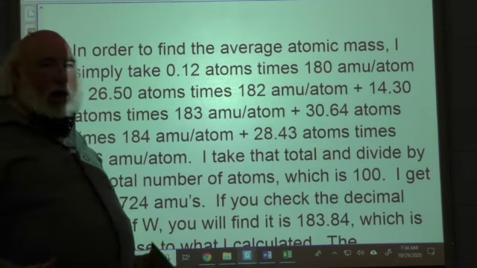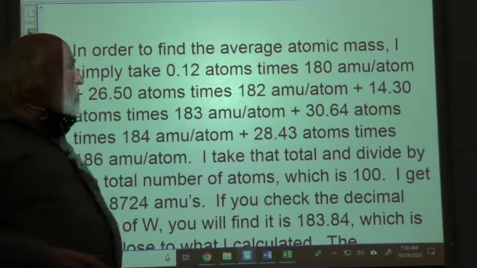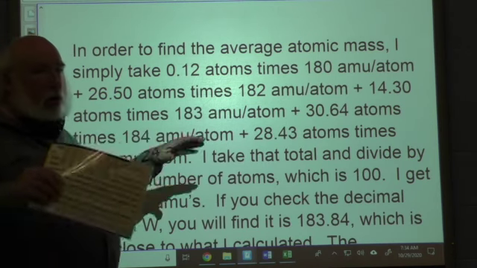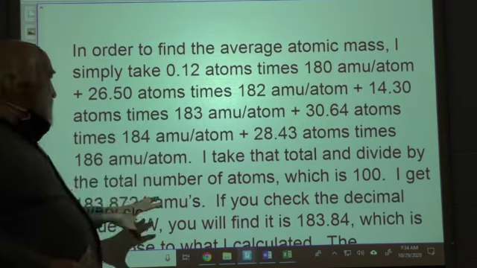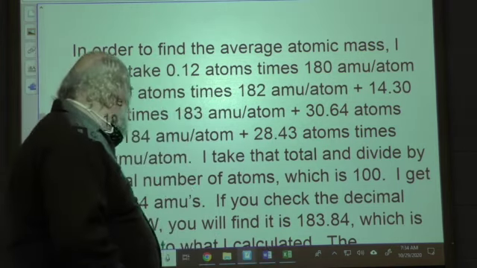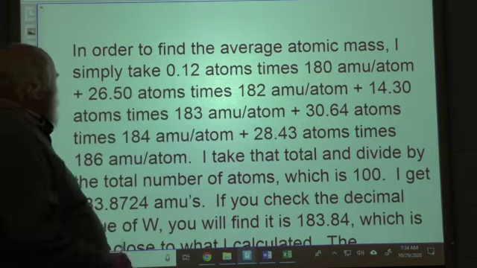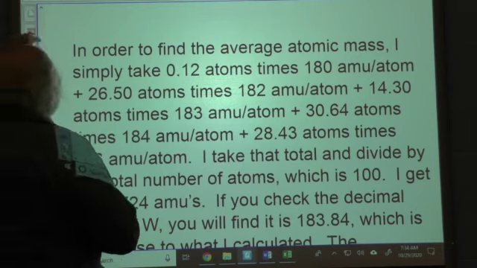So I'm going to add all that together. And since I'm looking for an average, and I have 100 atoms here, I'm going to take that entire mass and divide by 100. And I get 183.8724.